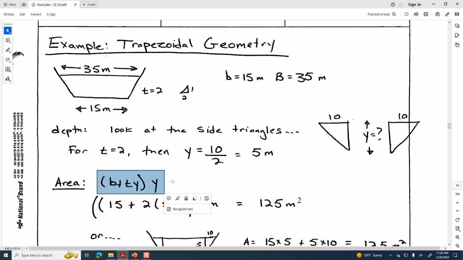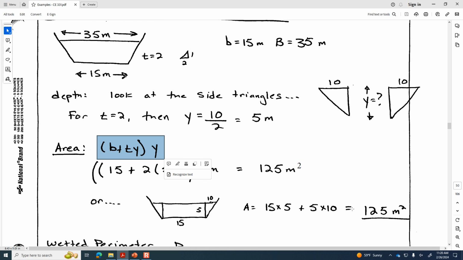I know it's correct, but it's not as intuitive as adding together the elements. So I sometimes like to break the trapezoid down into a rectangle and then 2 triangles on either side, which when combined are another rectangle. So there's one rectangle that's 15 by 5, another rectangle that's 5 by 10, and by that same approach it's also 125 square meters.